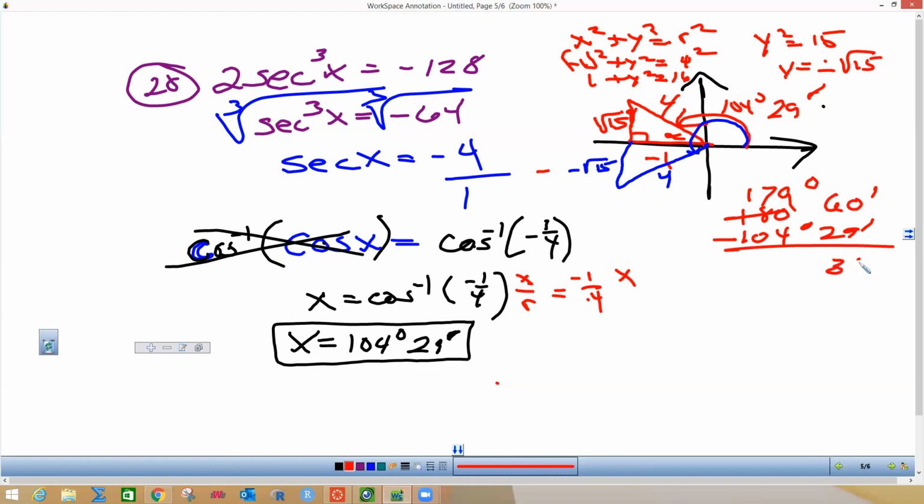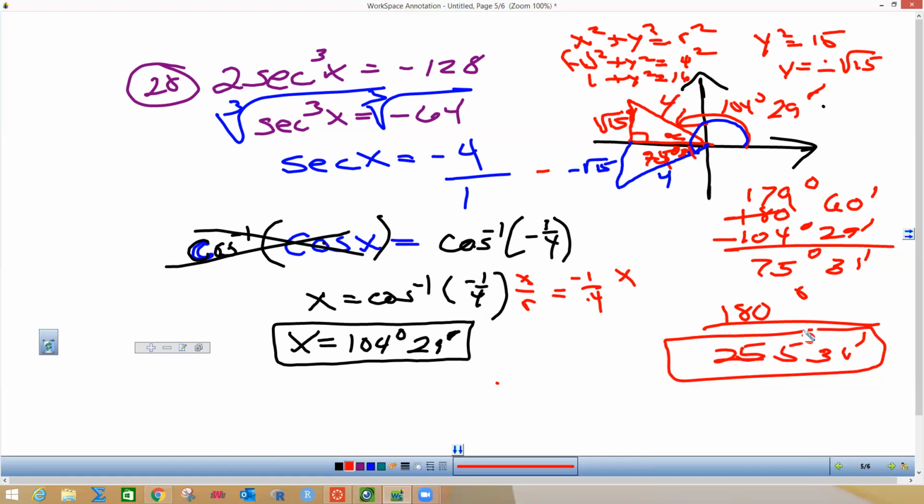So this is 31 minutes and 75 degrees. This angle right here has to be 75 degrees, 31 minutes. So we take 180 plus this. The other answer that works is this one. So these are the two answers. All right, I'm going to come around and spray.